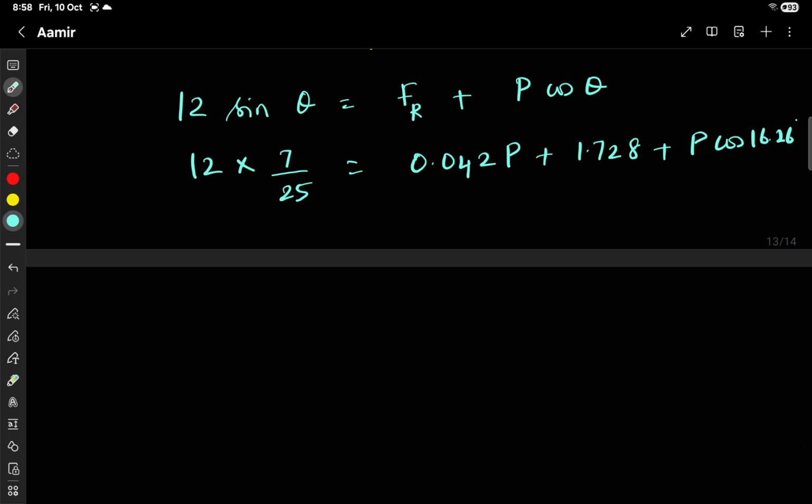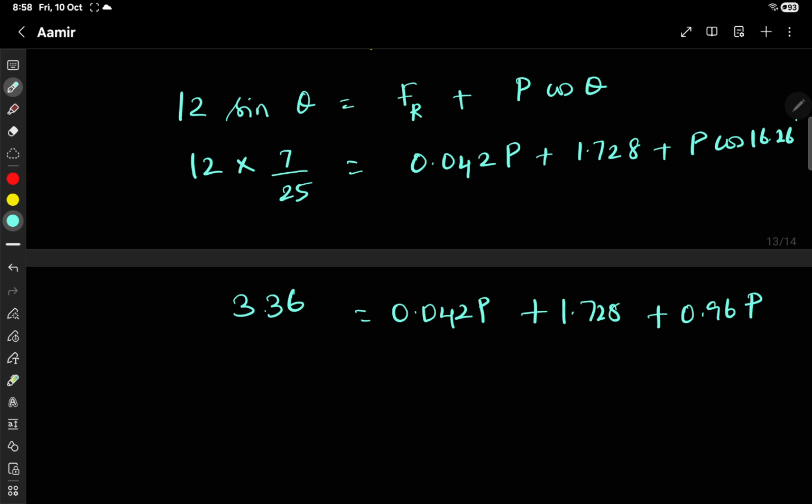Then I have to calculate for this one. It will be 0.96P plus 1.728, equal to 0.042P, and 12 into 7 divided by 25 is giving me the value of 3.36.